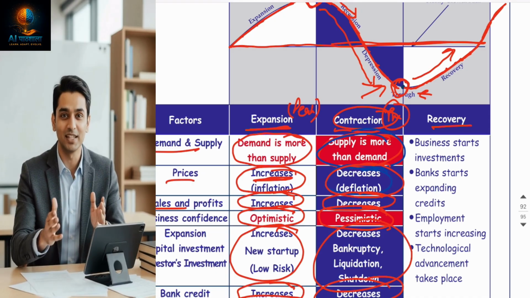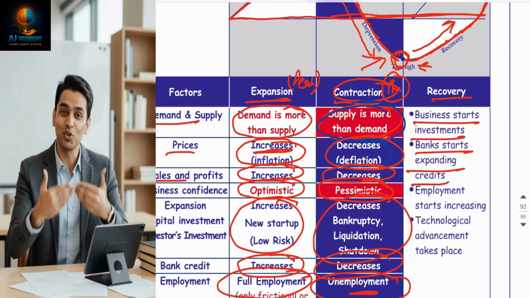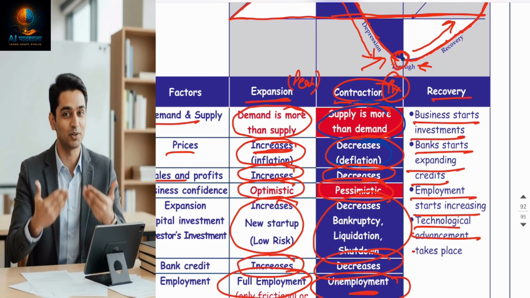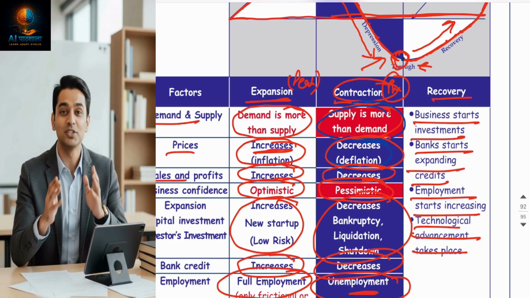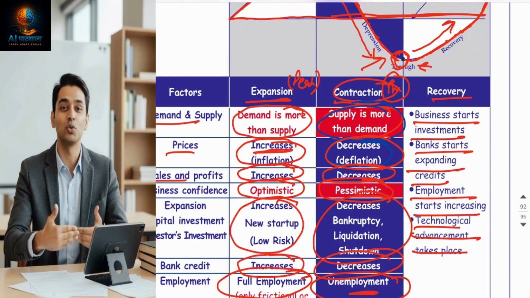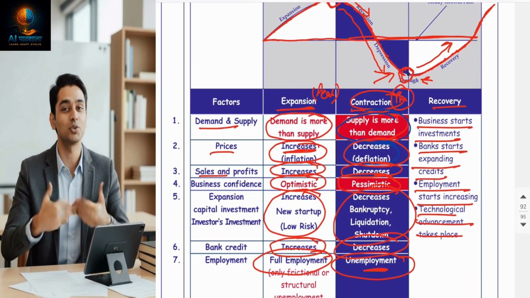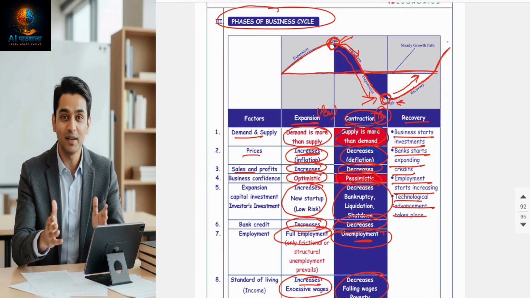Investments come in to get business started, banks give credit, employment increases, technological development takes place. Everything is becoming more and more positive. So the economy moves back towards growth and the cycle starts over again.